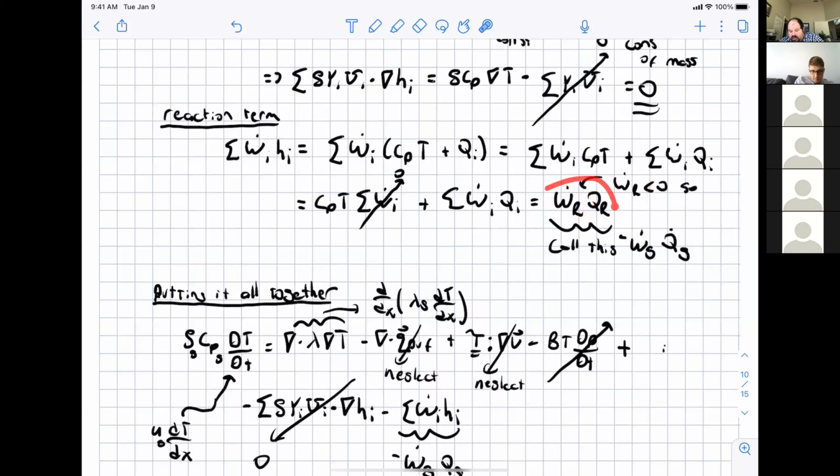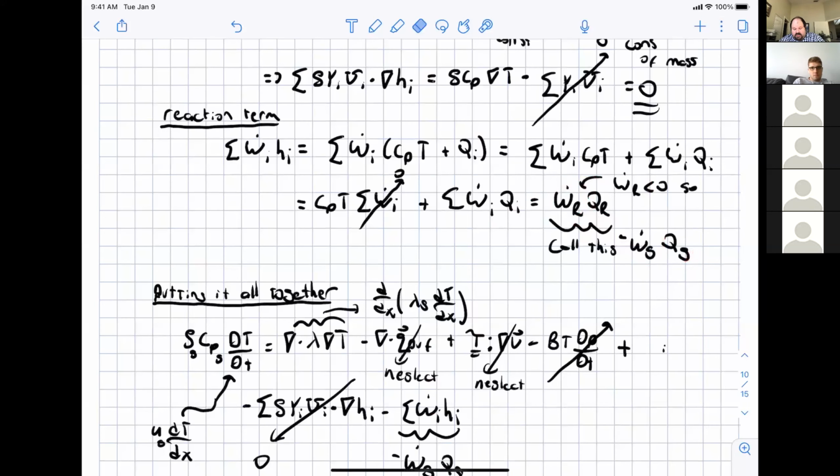So I'm going to call this negative omega dot G times Q_G, where omega dot G is the net gas phase chemical reaction rate on a mass basis, and Q_G is the net heat of reaction for the gas phase.